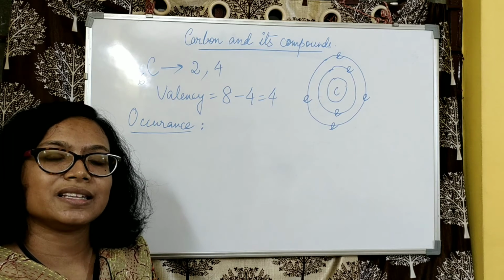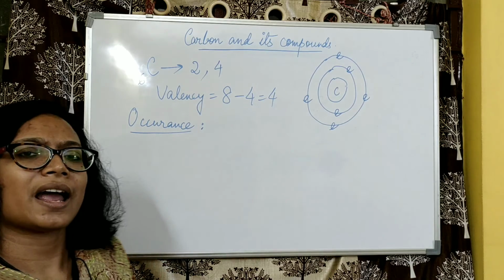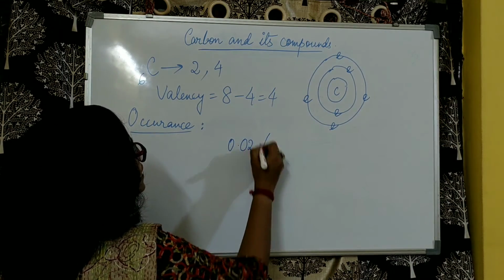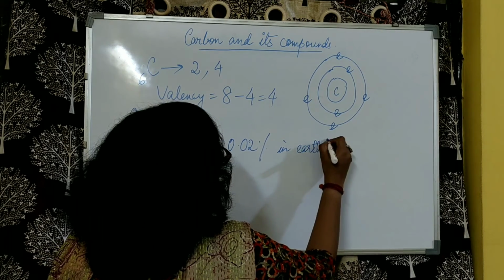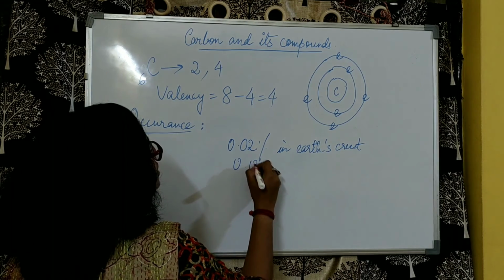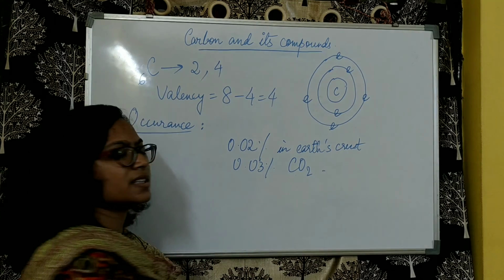Carbon exists in nature in a very small quantity, just 0.02% in the Earth's crust, and only 0.03% in the form of carbon dioxide gas in the atmosphere.